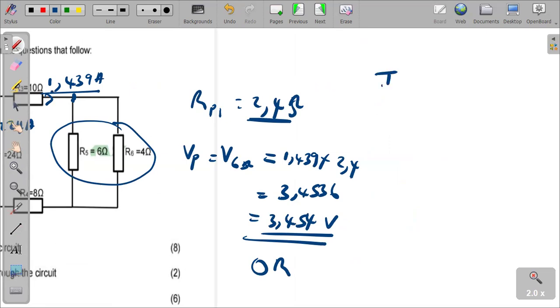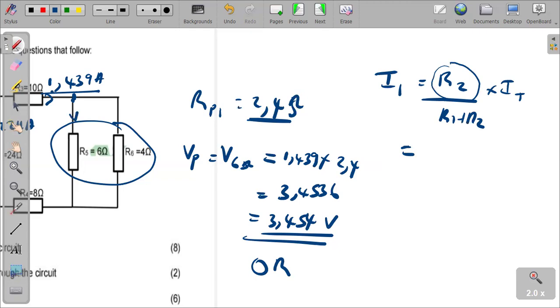I1 is equal to R2 over R1 plus R2. I hope we are now familiar with this formula. It's becoming a little bit easier now to relate with. So we take the other resistor, the one we don't want. We want the current through the 6 ohm, right?